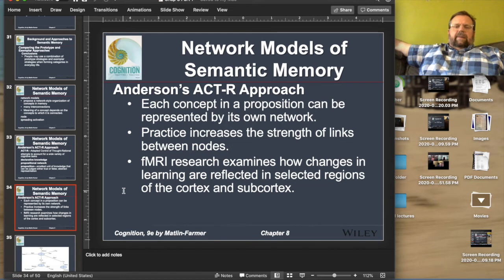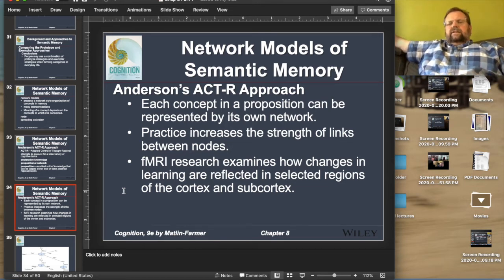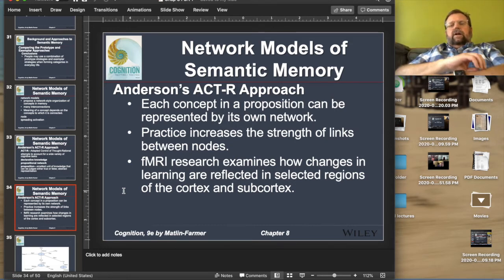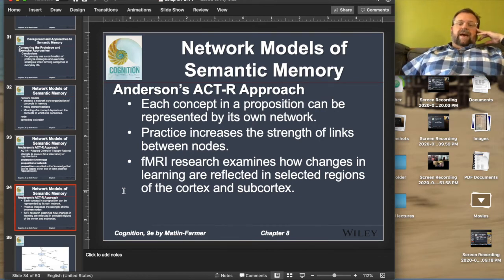Practice over time increases the strength of the links between the nodes. And this is the idea that as you're working on learning something new, as you practice something, as you work to recall those things, as you work to understand its meaning, the more practice that you do with that concept, understanding what it means and remembering what it means, actually increases the strength of the links between the nodes.